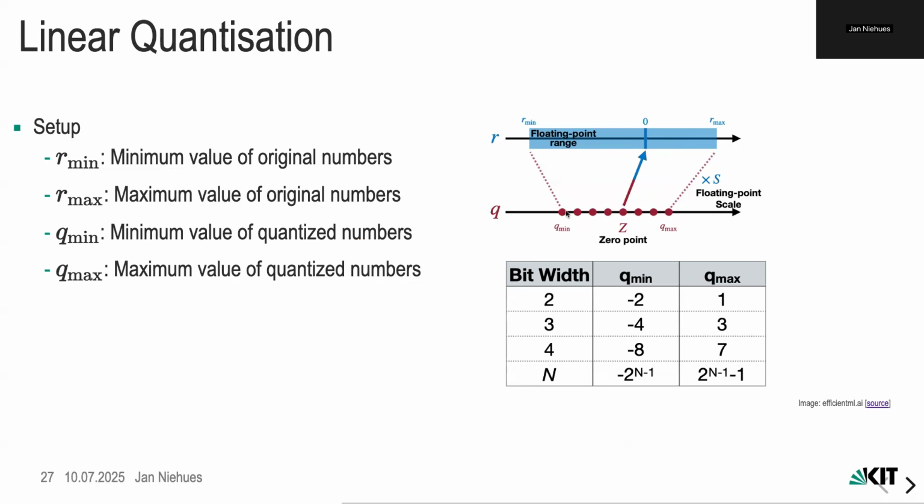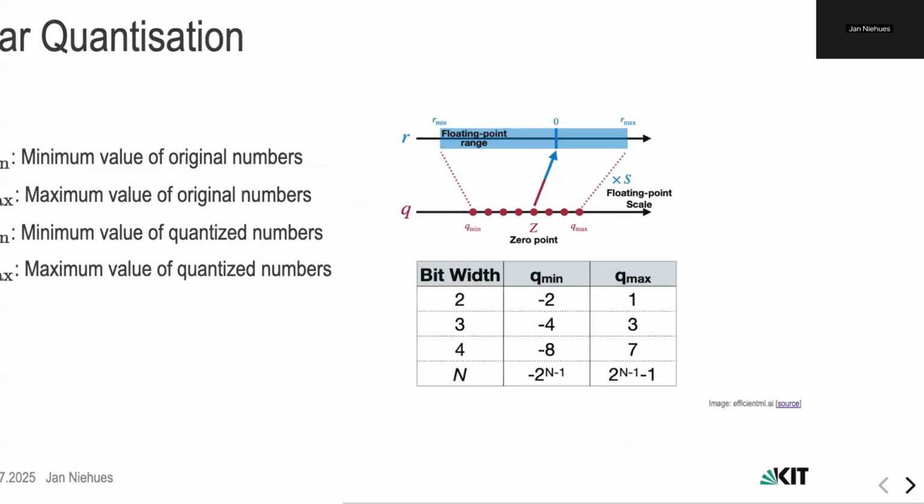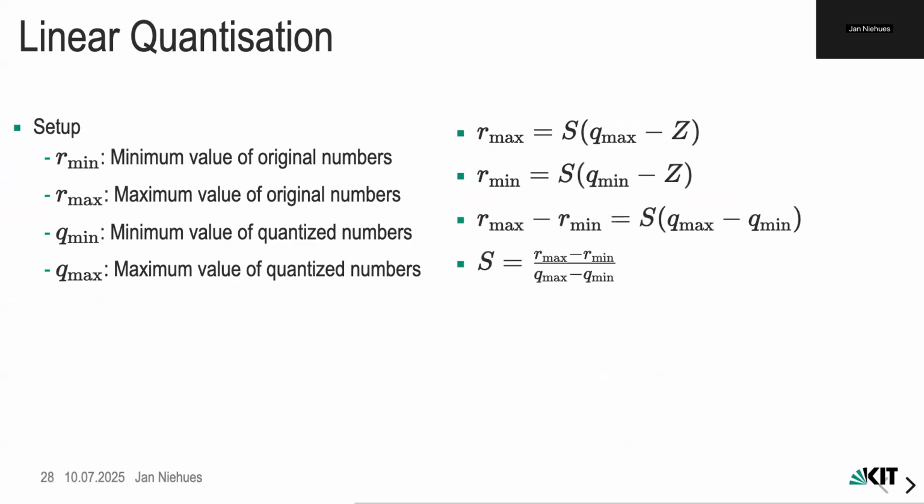Because what you mainly do is these possible numbers on your quantized side will be linearly mapped to that range based on R min and R max. And then you can also map 0 to 0 if you want to have a shift in there. And based on this knowledge, you can easily determine now the values of S and Z that we need.